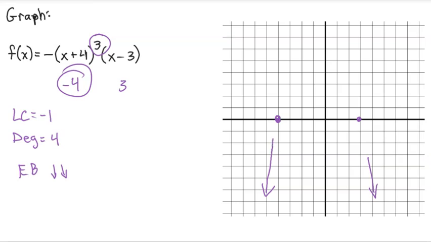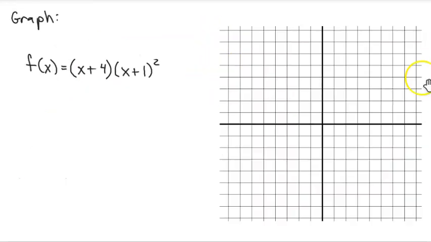So it's going to flatten out here, and then cross over. Let me try that again. There we go. And then it's going to turn towards 3. 3 has a multiplicity of 1, and therefore it's just going to cross over at 3. And this is approximately what the graph of f of x is going to look like.